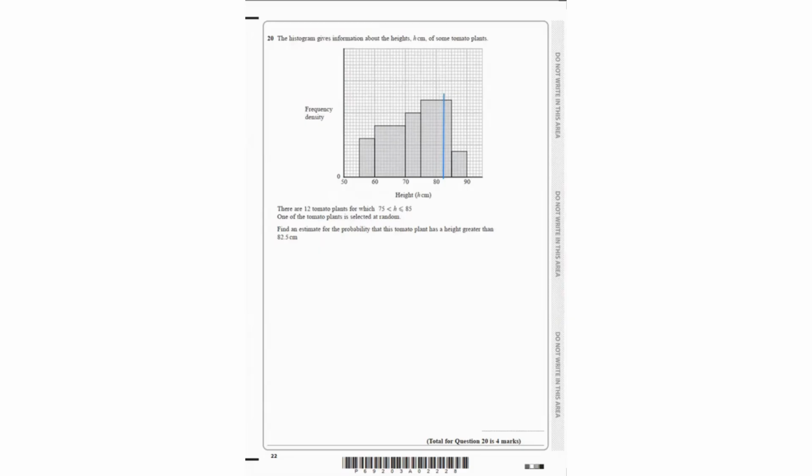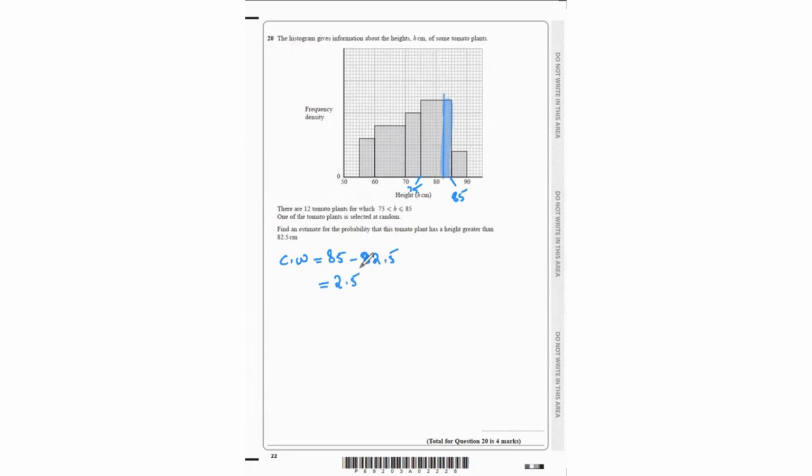So to find the probability that this tomato plant has a height greater than 82.5, we are looking at this part over here because it's between 82.5 and 85. So the total interval is from 75 to 85. And our focus is between 82.5 and 85. So that means the class width for that is 2.5.